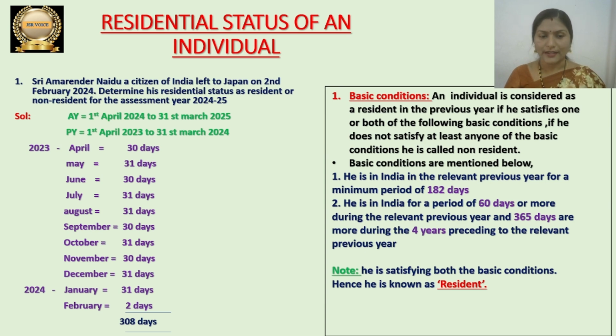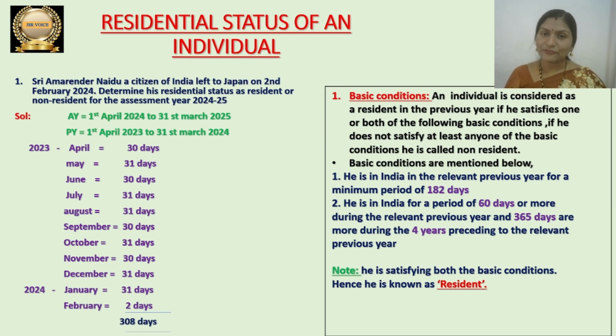September has 30 days. October 31 days, he stayed in India only in the month of October also. And November 2023, he stayed all 30 days in India only. So I took November as 30 days. You can watch there. December, 31 days he stayed in India only.